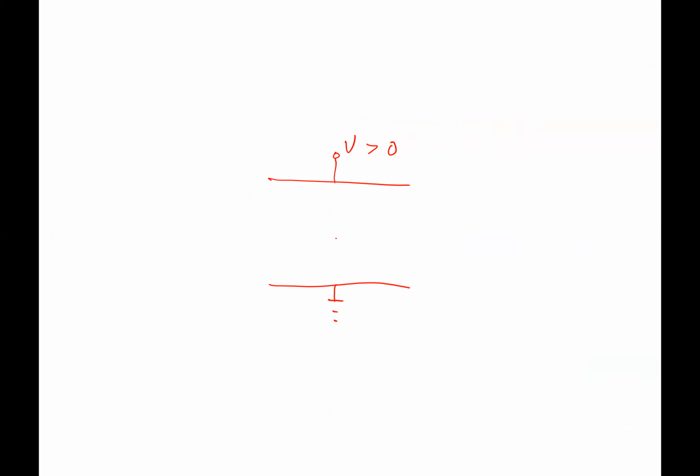Now if you have an electron which tries to move in this direction, immediately this will be positive charge and this will be negative charge. Of course, you will have an electric field in this direction, and this electric field will try to push this electron back. So initially this electron tries to move this way, and then you push the electron back.